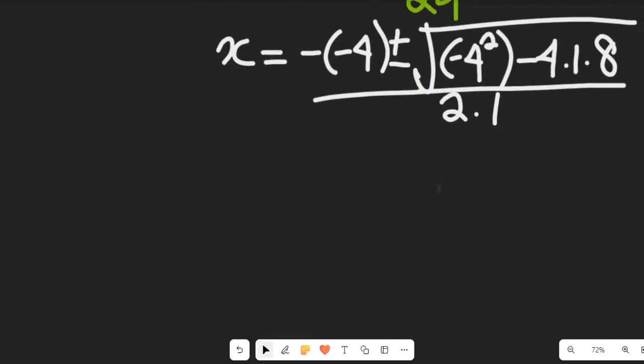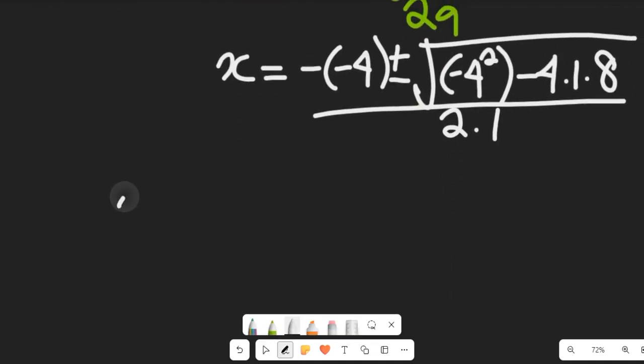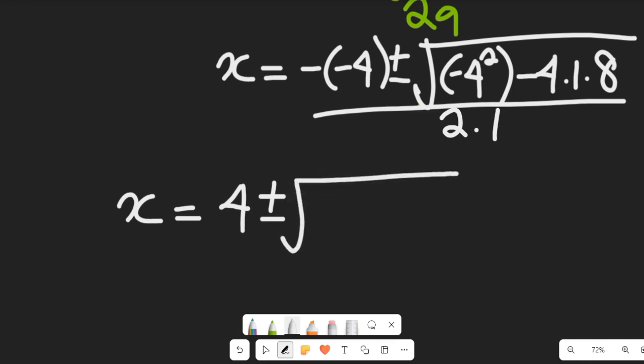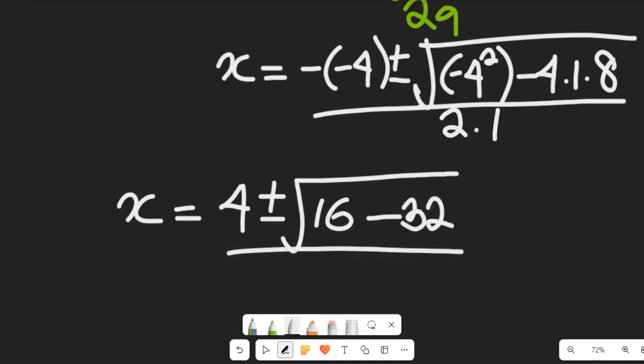So to find the value of x, negative times negative will give us positive 4 plus or minus the square root of an even square, which is going to give us 16. So we'll have 16 minus 4 times 8, which is going to give us 32. 4 times 2 is 8, 8 times 4 is 32.